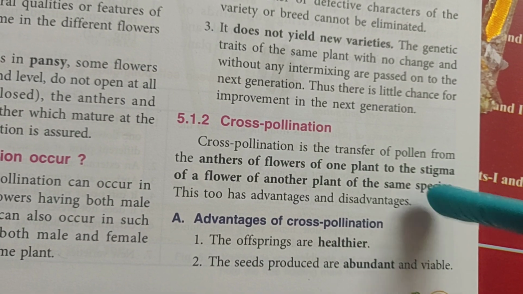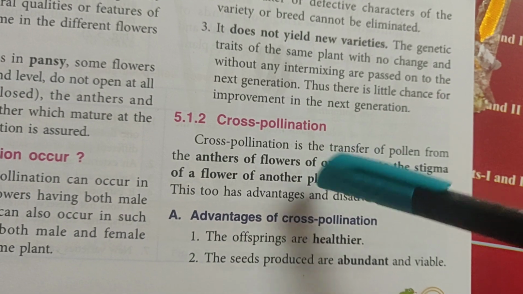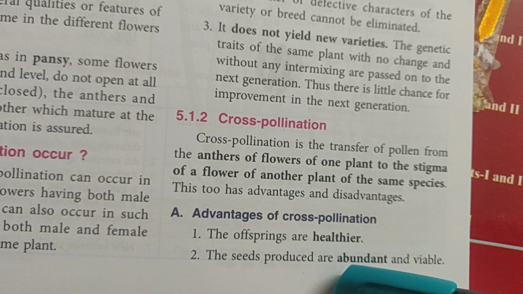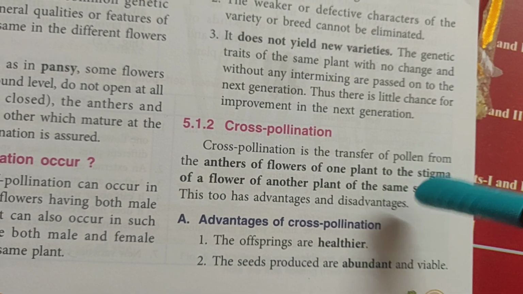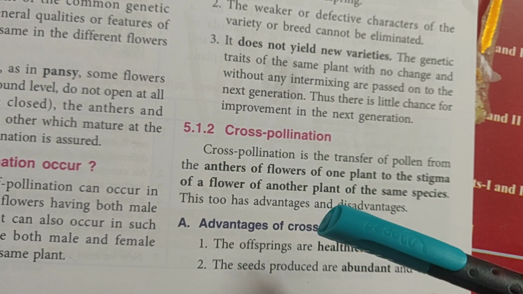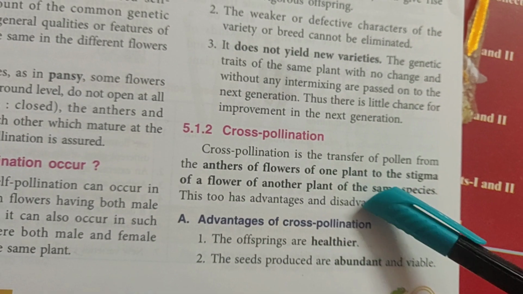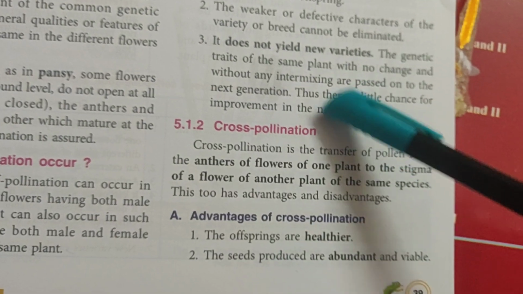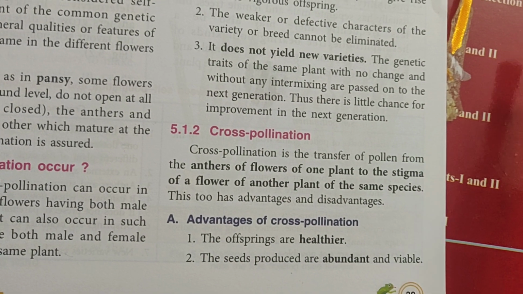So in case of cross-pollination, two different flowers will be involved, and those two flowers will belong to two different plants. Not of the same plant, of two different plants, and both the plants need to be of the same species. Okay, so this is what cross-pollination is.